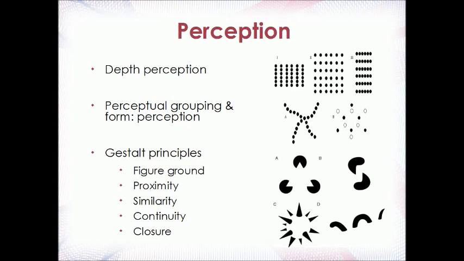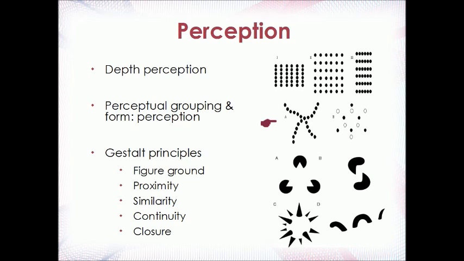We also tend to group things together in terms of similarity. If you look at the two pictures in the middle, you will see two triangles rather than a six-pointed star made out of dots, because we group the like ones together, the white ones together in a triangle, the black ones together in another triangle pointing up, hoping that you're following me. On the left is the principle of continuity.